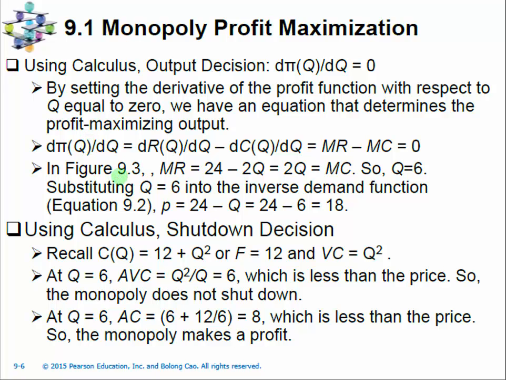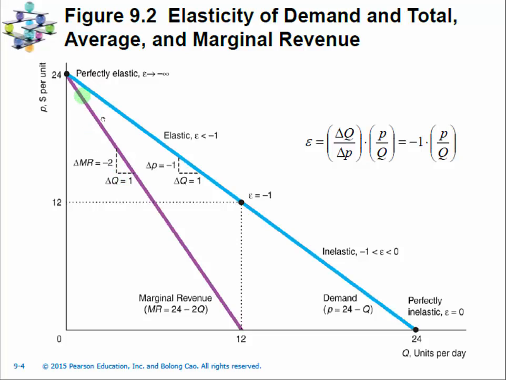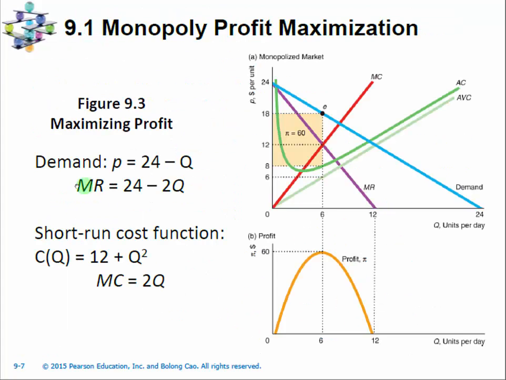That's the first-order condition for the profit maximization. In the previous picture, we have seen that the marginal revenue here is 24 minus 2Q for this demand curve, P equal to 24 minus Q. This is the same picture of the demand curve and the marginal revenue curve again, but now we have this short-run cost function. This short-run cost function gives us this average cost curve.